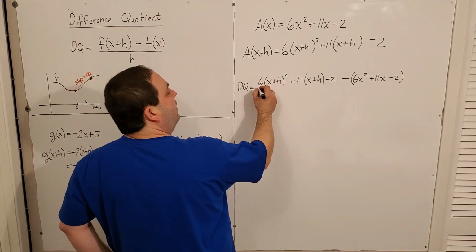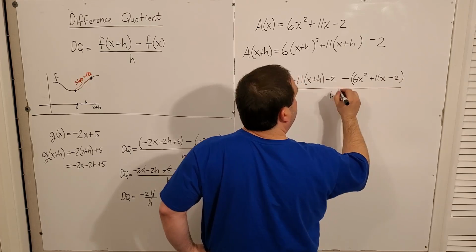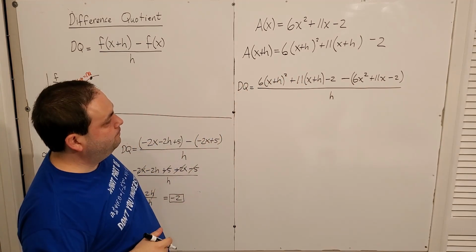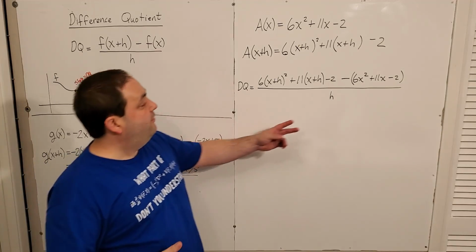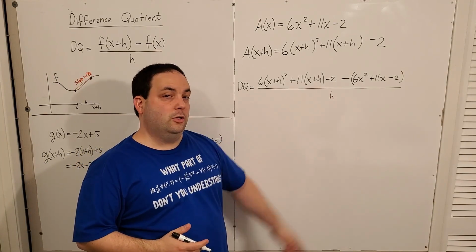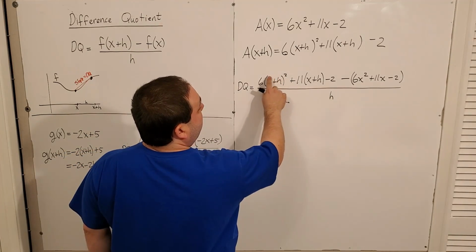And then all of that divided by h. Right? From here, it's just simplifying now, like I said before, until I can get rid of this singular h here. So I'm going to start by multiplying this out.